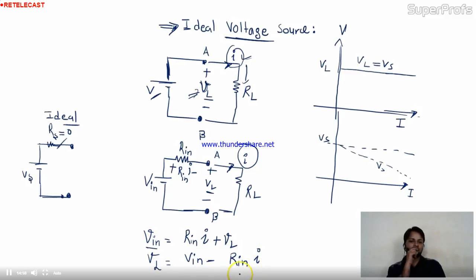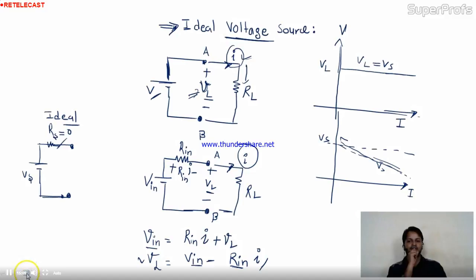Rin is fixed. This is the internal resistance. Vin fixed, Rin fixed. Now if the current is going to increase, the voltage will automatically drop. See, the voltage will drop. This is the ideal and practical voltage sources. Is it clear to you people?